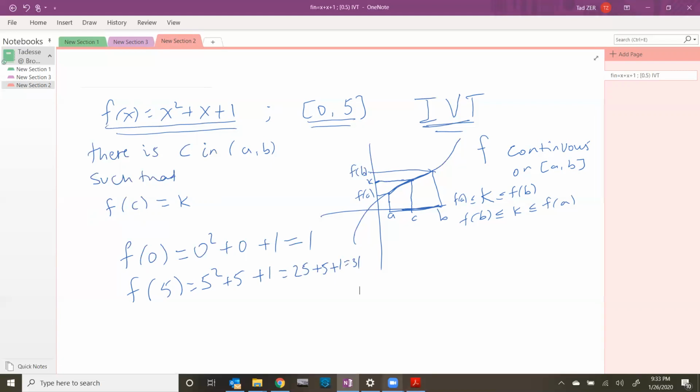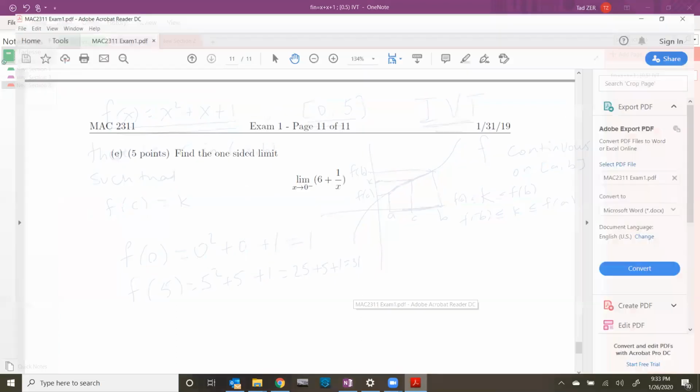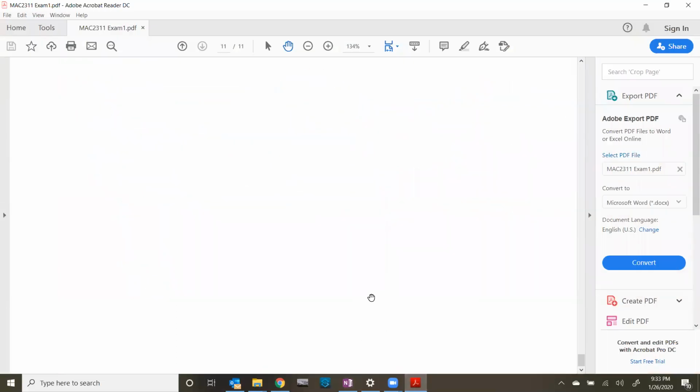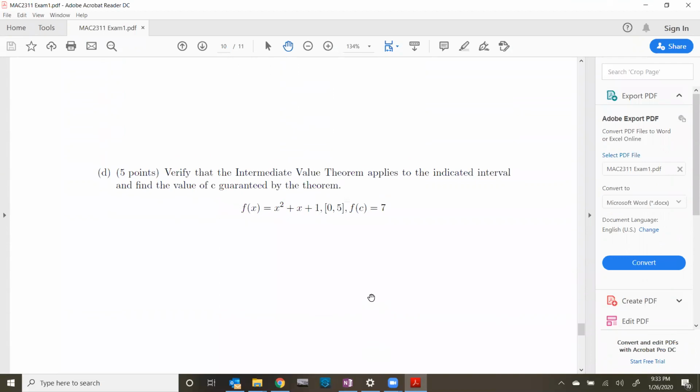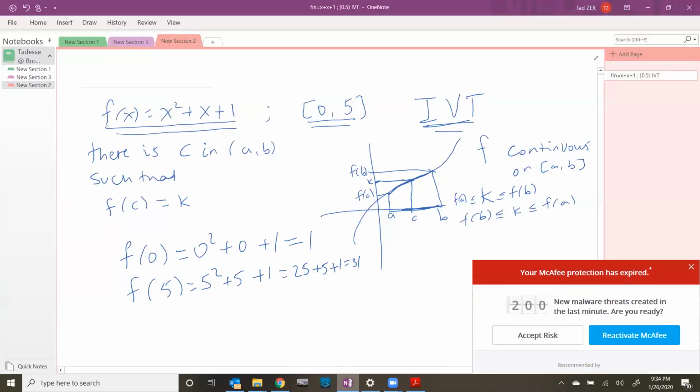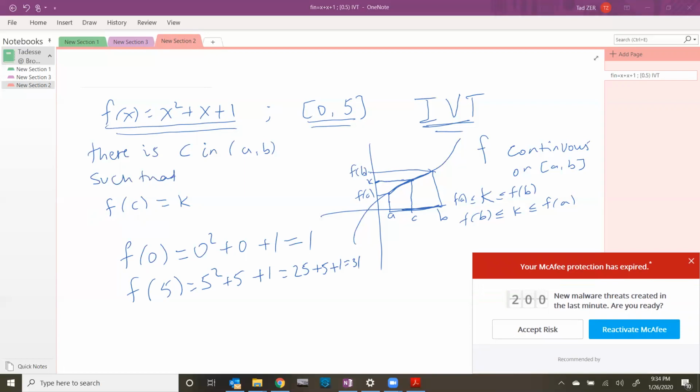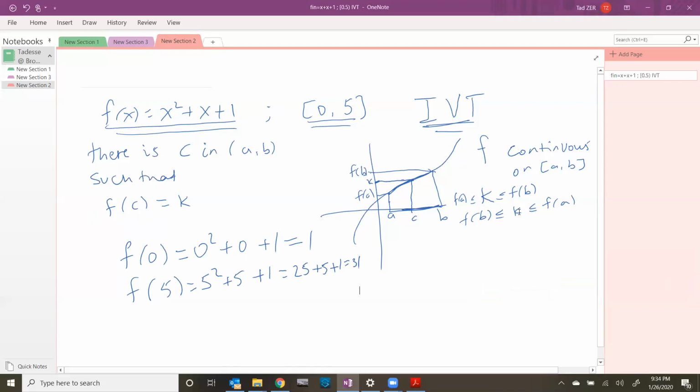Now, let's see. The value of k is given to be 7. So in our case, the k value is 7. Now, is 7 between f of a and f of b?